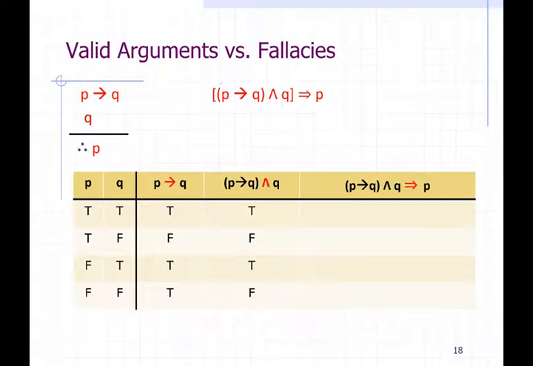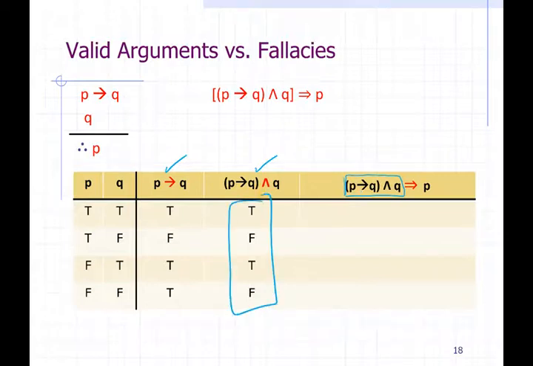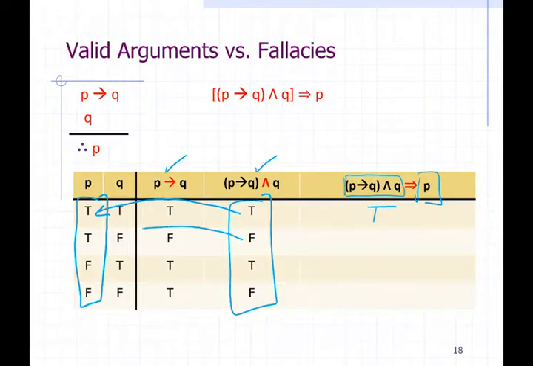Okay, so now we have the first conditional done, we have the conjunction done. So now the second conditional. So we're combining this column, which is here, and this column, which is here, with a conditional. And the P implies Q and Q, that comes first. So true implies true, that equals true. False implies true equals true.